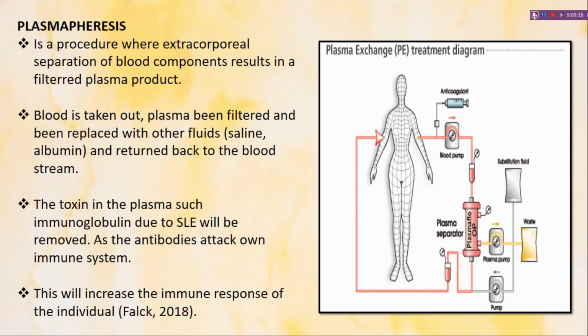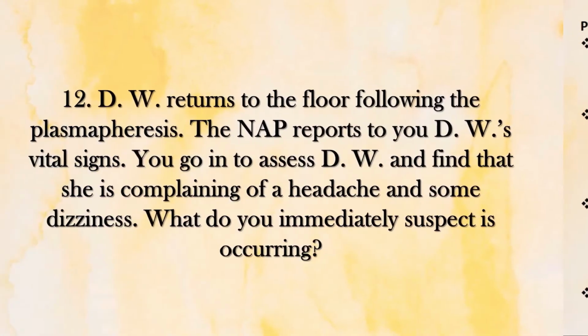Blood is taken out, and then the plasma will be filtered and replaced with other fluids such as saline or albumin, or in other cases, the plasma will be treated and then returned to the bloodstream. The toxins in the plasma, such as immunoglobulin due to the SLE, will be removed, as the antibody attacks the body's own immune system. This will increase the immune response of the individual.